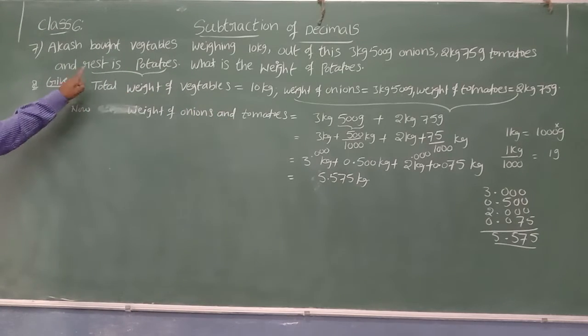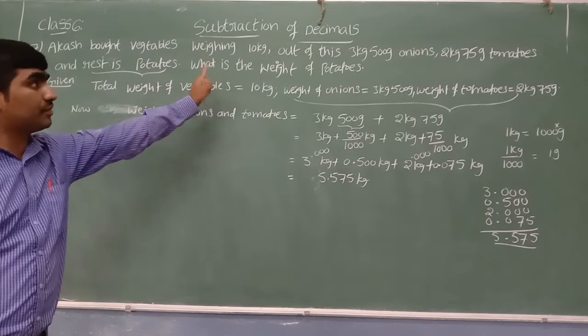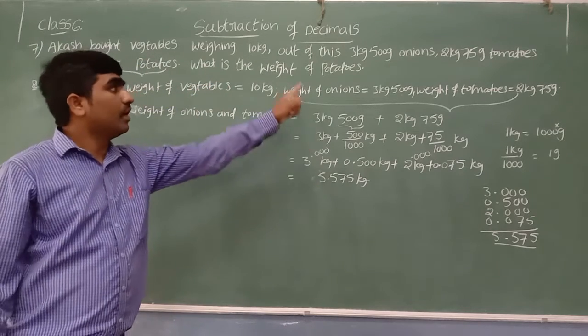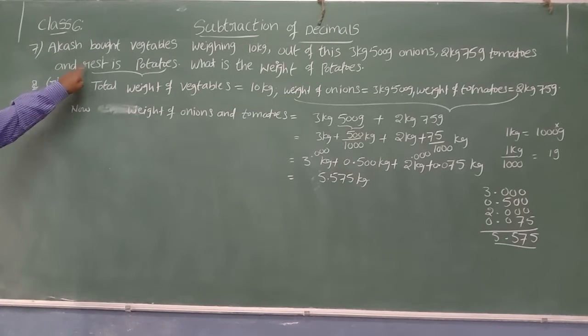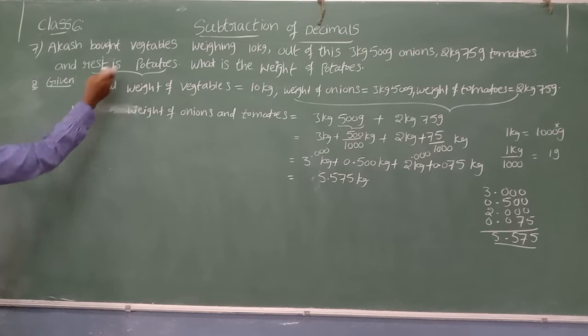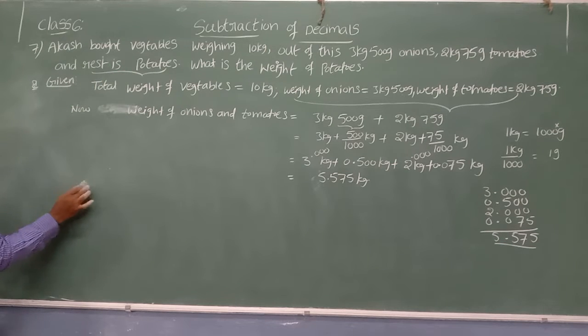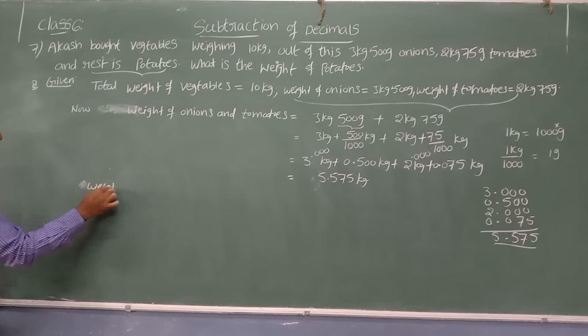Then how can we find the rest? They said the total is 10 kg. Out of 10 kg, this is the weight of onions and tomatoes. Now the rest is potatoes. So to know the weight of the potatoes, I'm doing this. We need to find the weight of potatoes.